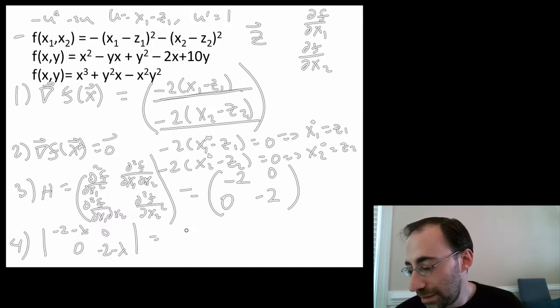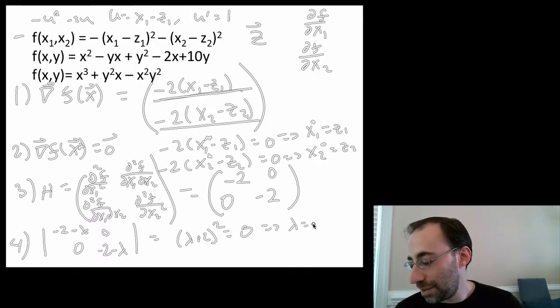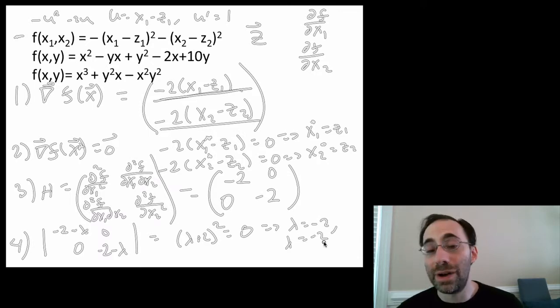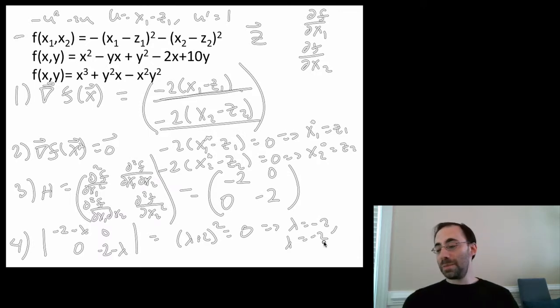We get lambda plus 2 squared equals 0 is the eigenvalue equation. That implies lambda equals -2 and -2. There are 2 eigenvalues, they're both the same, they're both -2. All eigenvalues are negative. That means it's negative definite. If the Hessian is negative definite, we know that the critical point is a local maximum.